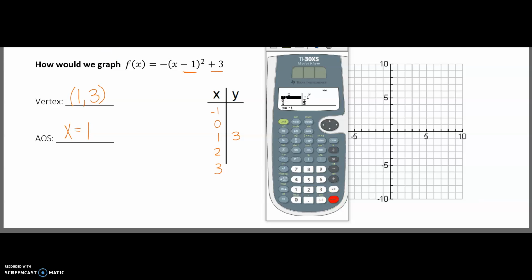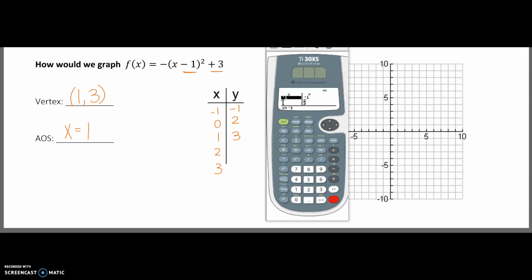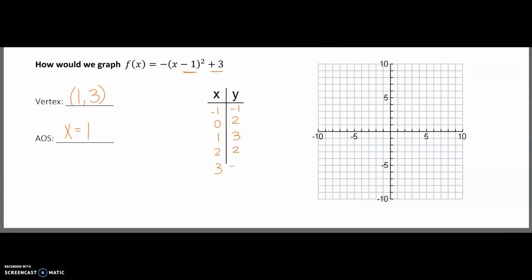So we have -1, -1, 0, 2, and 1, 3. We can keep scrolling to find the other 2 terms. We have 2, 2, and 3, -1. And now we want to go ahead and graph our points. And there you go.